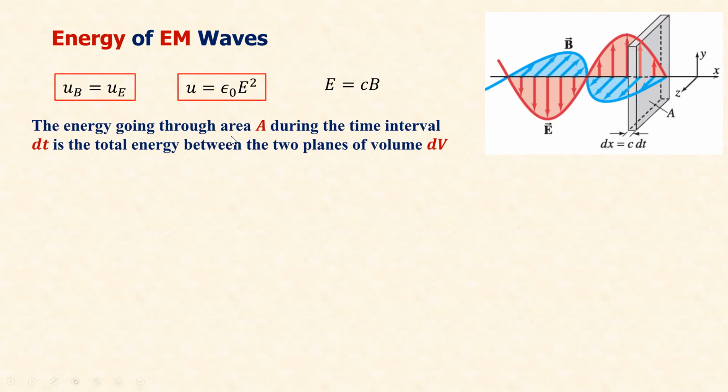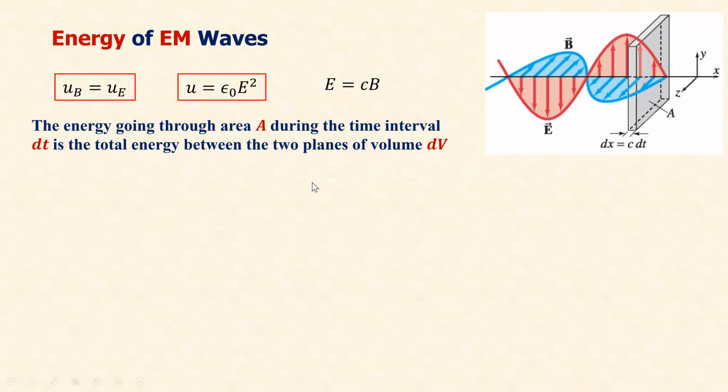The energy going through area A during the time interval dt is the total energy between the two planes of volume dv. So this is the volume dv. We said that the energy that goes through one face of this rectangular cube in time dt is the total energy that is in this cube.